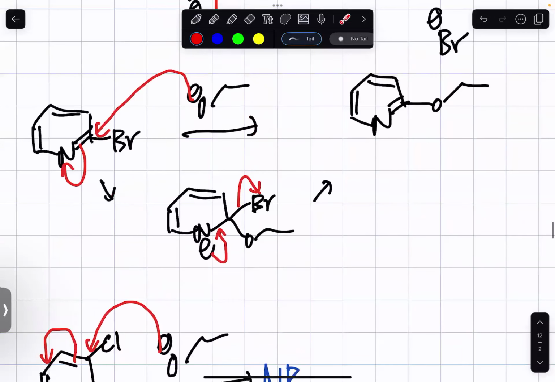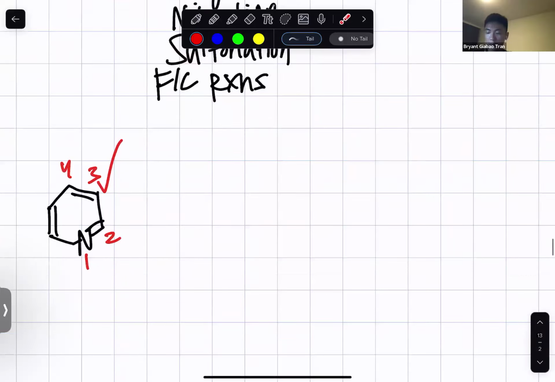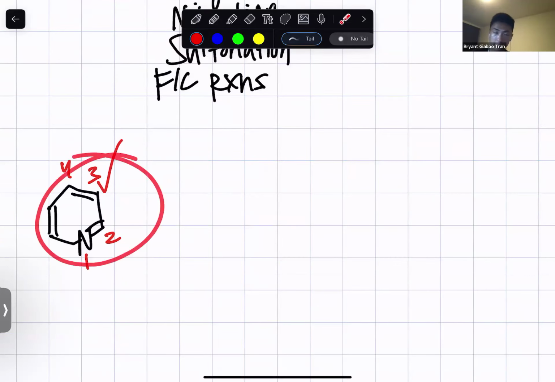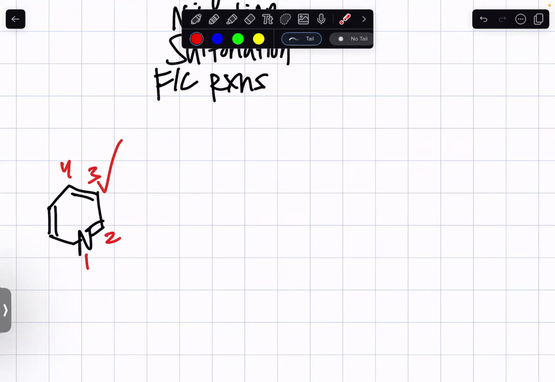For these EAS reactions, they would not put negative charges in the ring. They will put positive charges in the ring, right? There'll be electrophiles. If we put the electrophile on carbons 2 or 4, when we draw out the resonance structures, there will be a positive charge on nitrogen, which is not good. That's not what we want because nitrogen is an electronegative atom.